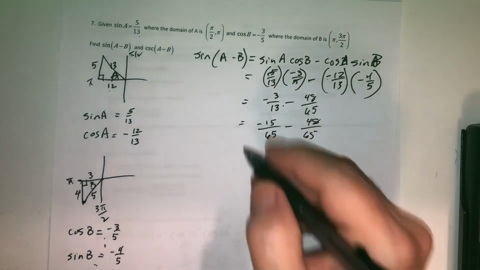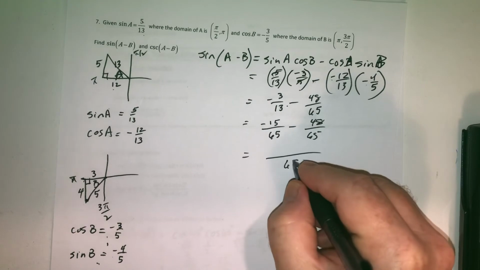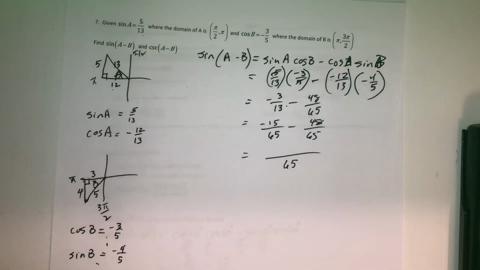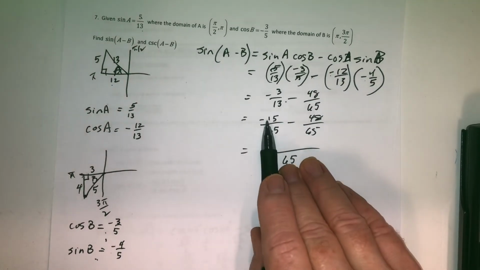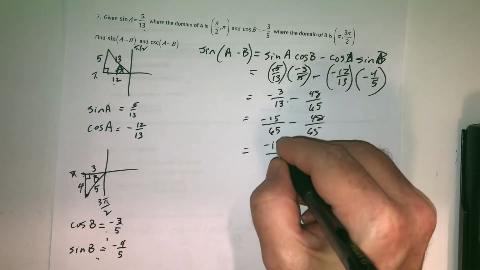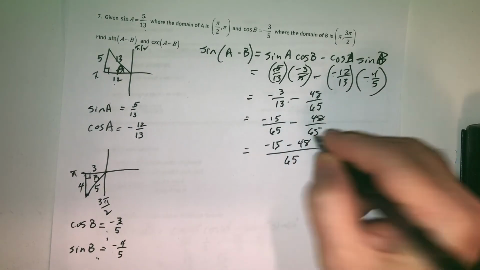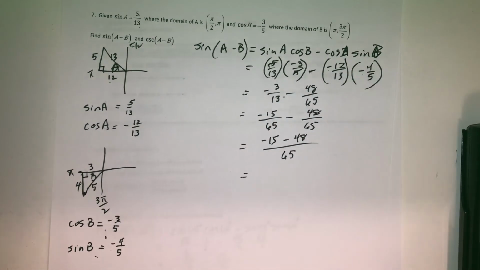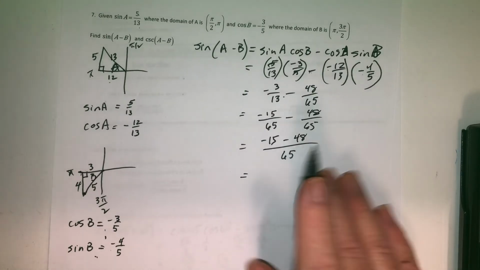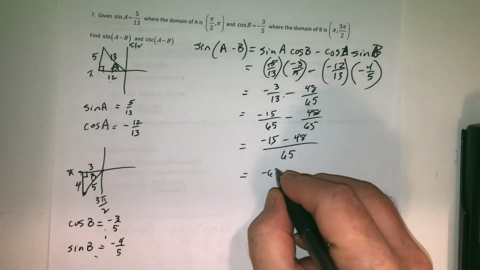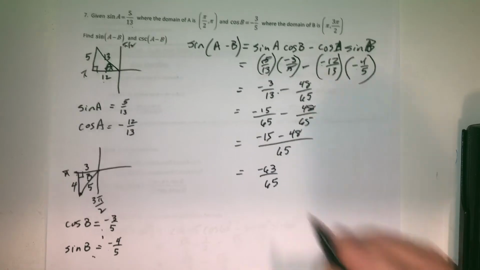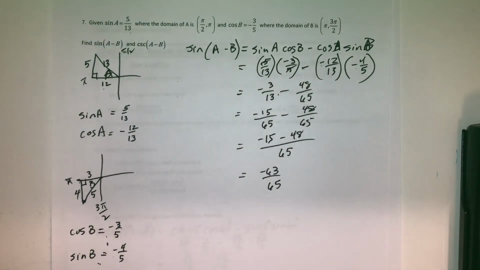And now we've got two fractions with the same denominator, namely 65. We can combine them into one by taking this first numerator, negative 15, and subtracting that second numerator, 48, and that would give us negative 63 divided by 65. Okay? All right, and you could check this with the calculator as well.